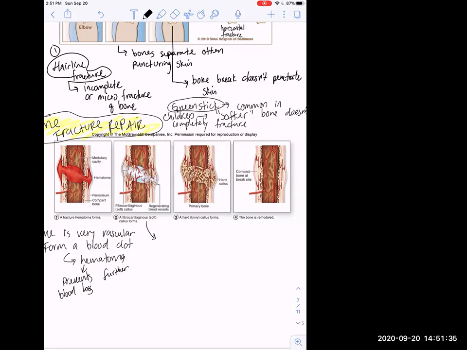Now, we're going to have to start to repair the site of the fracture. The first thing is cells come in and we start to erode the hematoma. The hematoma becomes dissolved, or broken down.